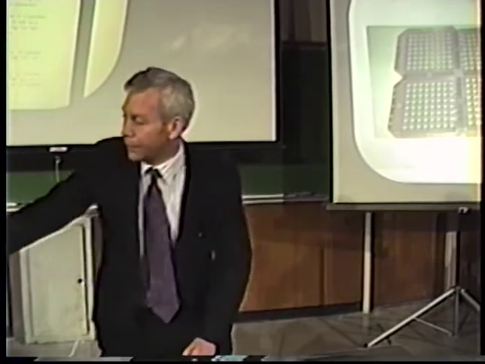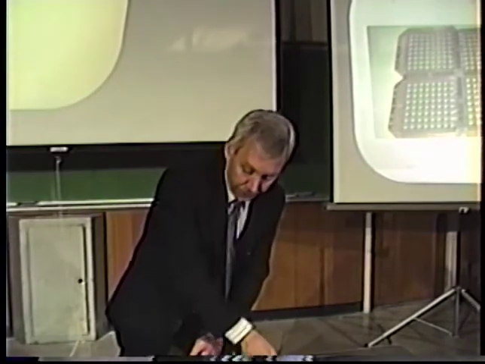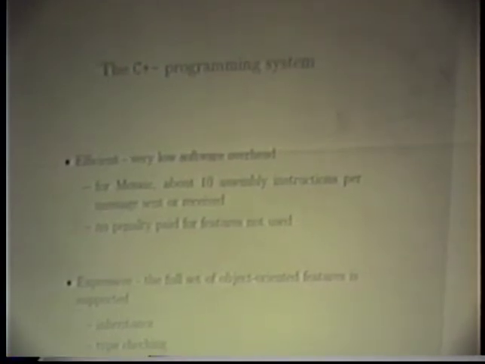Our overall evaluation of C++ so far is that, particularly compared to some of these earlier systems, it is very efficient. About 10 assembly instructions per message sent or received. By the way, that compares with 400 to 800 on your typical medium grain machine.